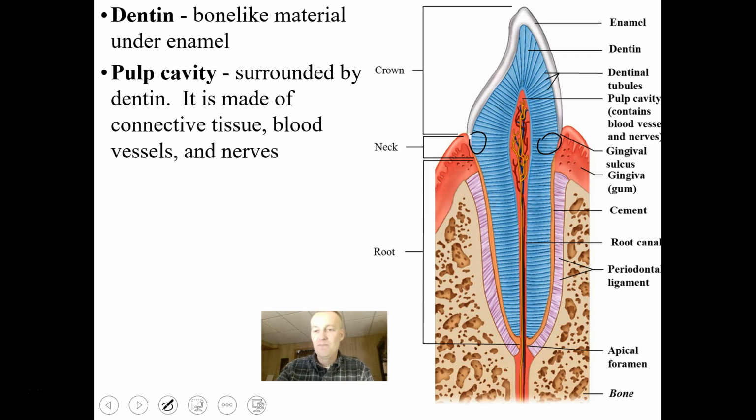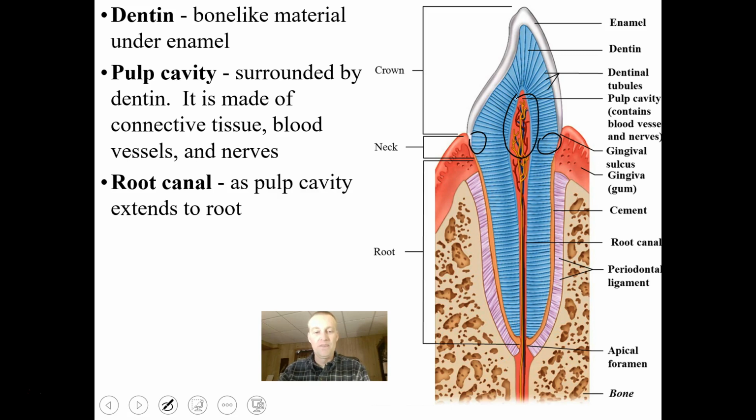The pulp cavity is located right here, and it's surrounded by the dentin, and it's made of connective tissue, blood vessels, and nerves. So your tooth will be able to feel or sense pain or when a cavity or infection has developed inside of it. So the root canal, if we move on down, is down here.